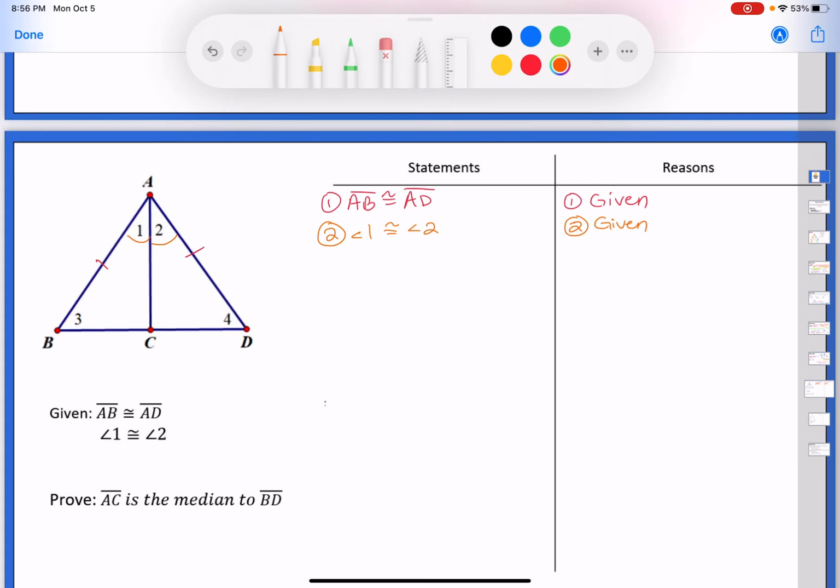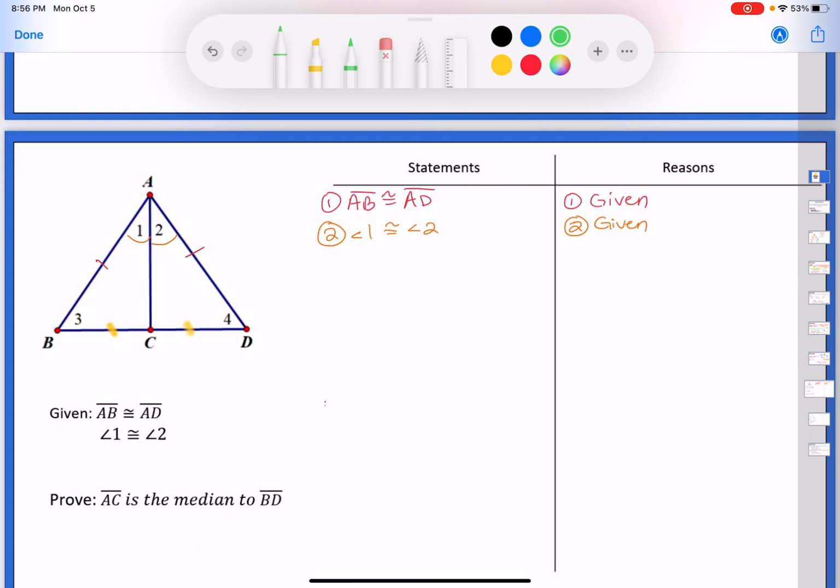All right. Now, my goal is to prove that AC is the median. And remember that to prove that it's a median, I would have to prove that it's coming from a vertex, which I can see in my picture, and it's splitting the opposite side into two congruent parts, right? So I have to prove that segment BC is congruent to segment CD.